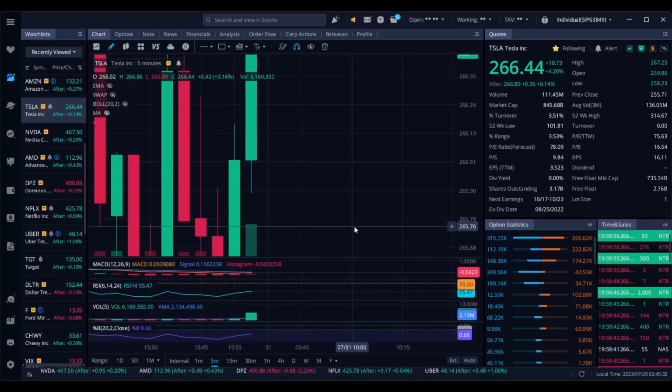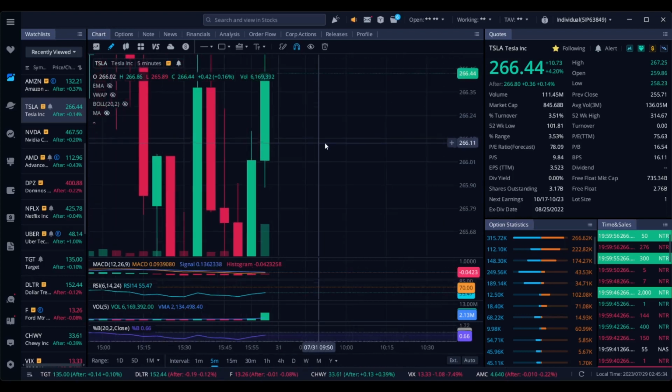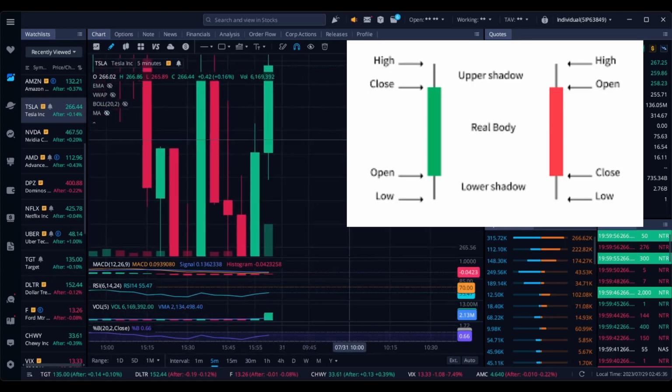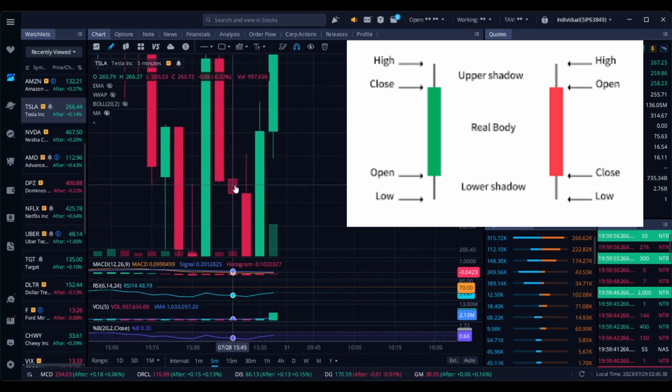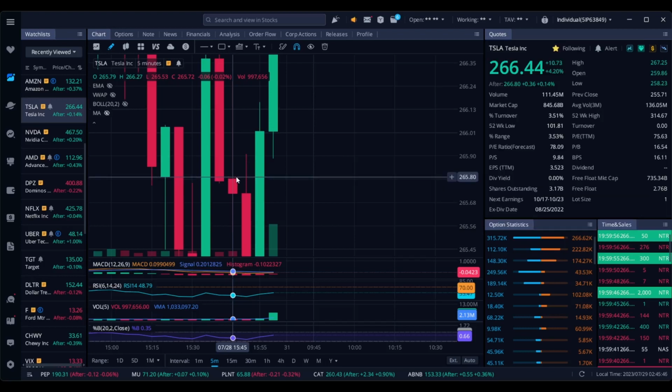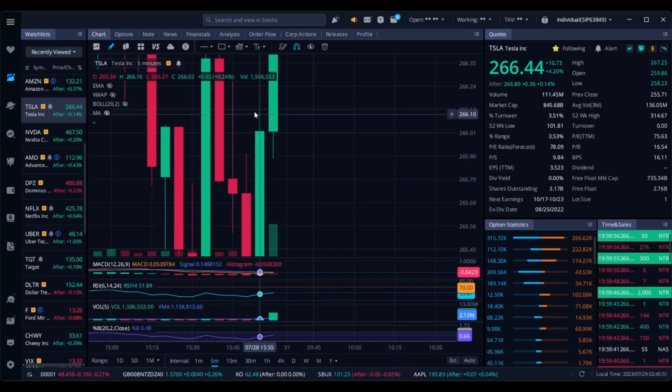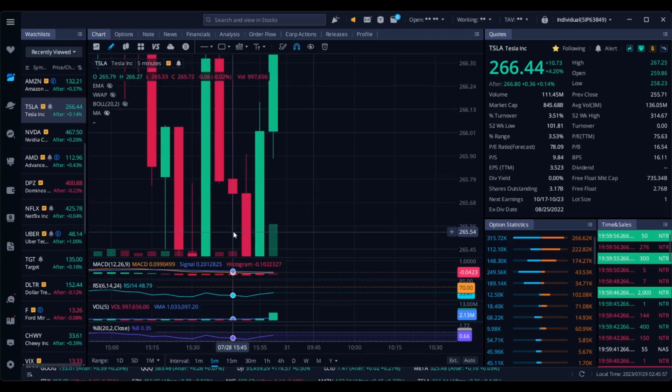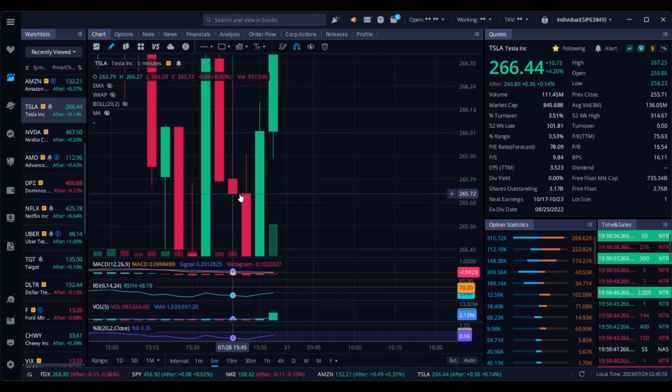So like I said, let's look at another one. Price opens right here. It went all the way up to here, and then came all the way down here and closed right here.